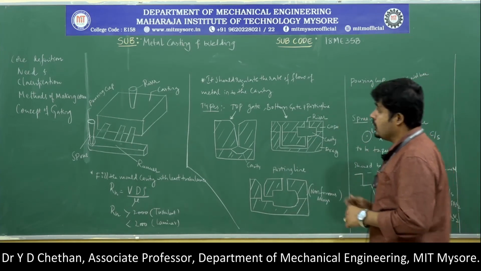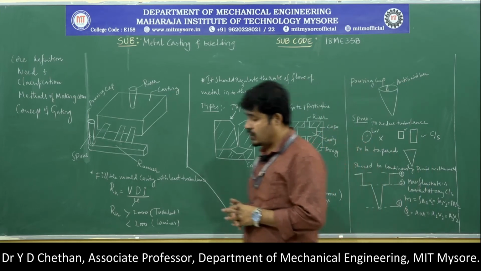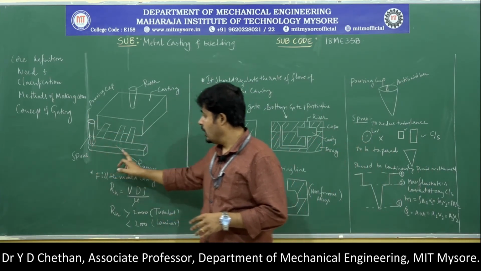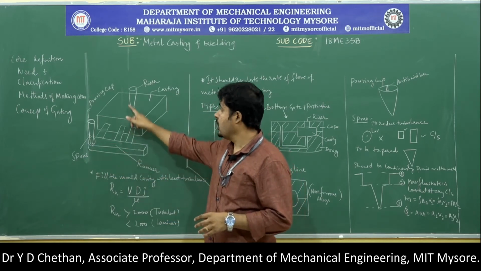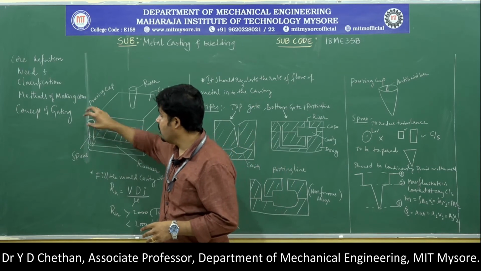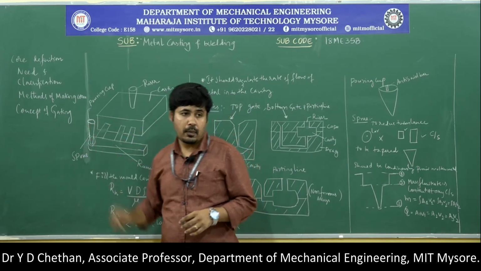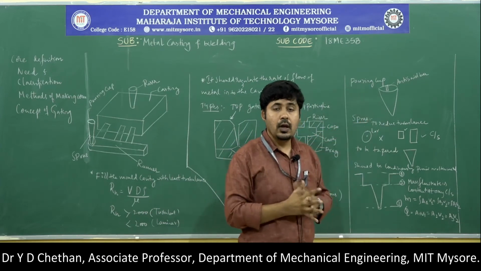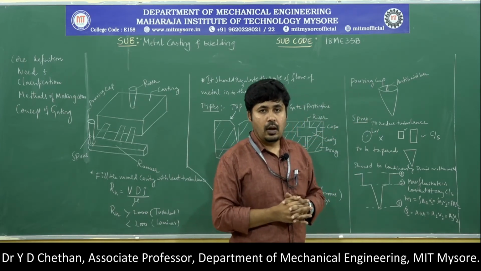As I said earlier, the gating system comprises the pouring cup, then sprue, then runner, ingates and risers. Let us take up the first element of the gating system, that is the pouring cup. The pouring cup is capable of receiving the hot molten metal.